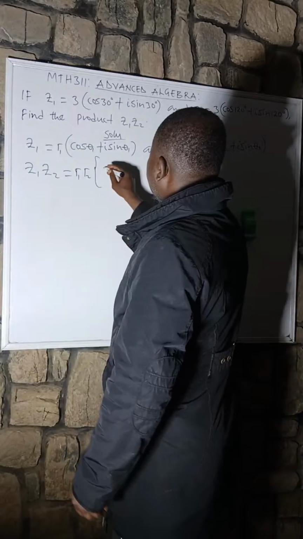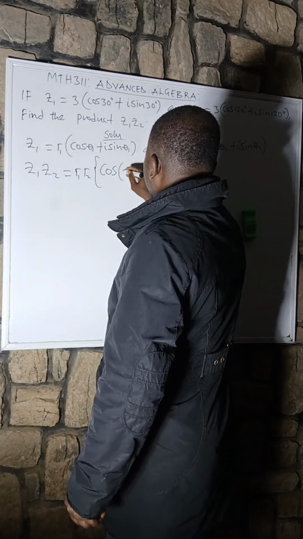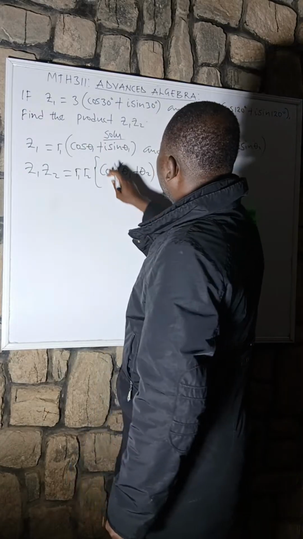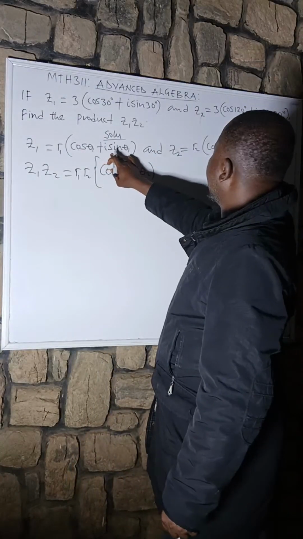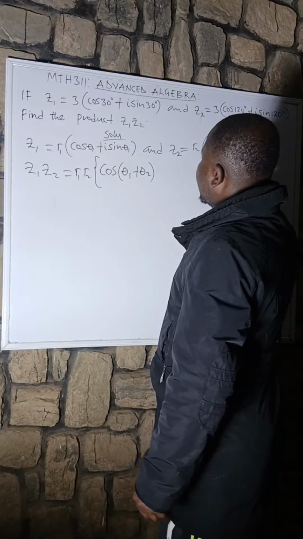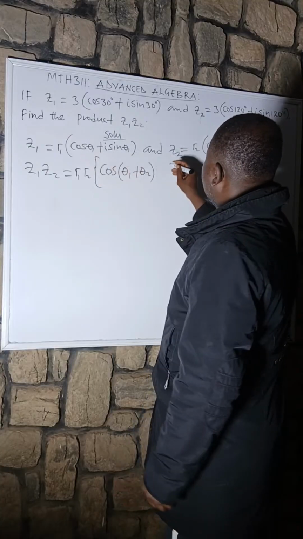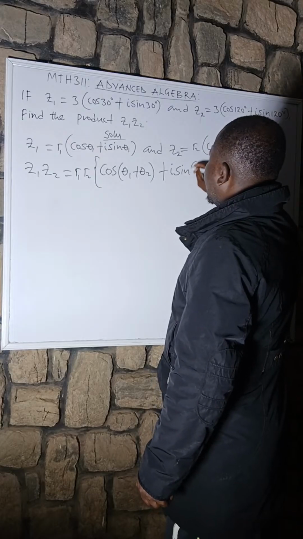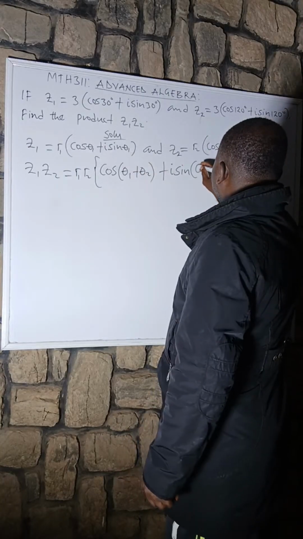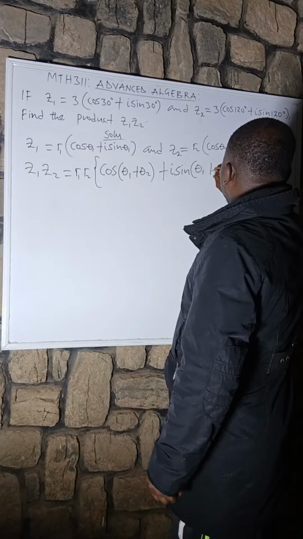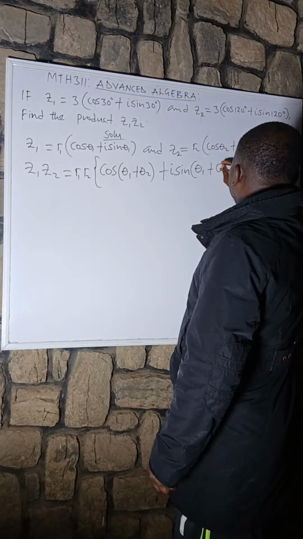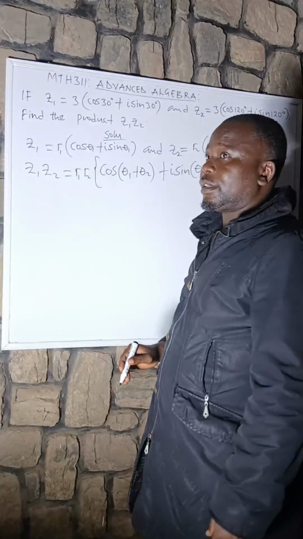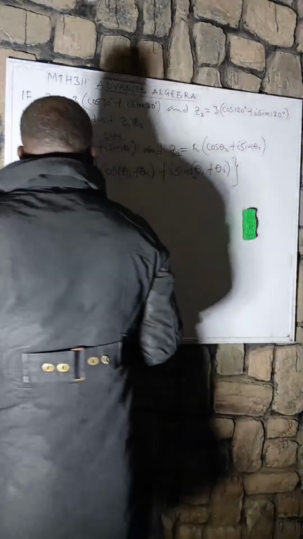Then plus i sin, open brackets, theta 1 plus theta 2, then close the brackets. Okay? So far so good.